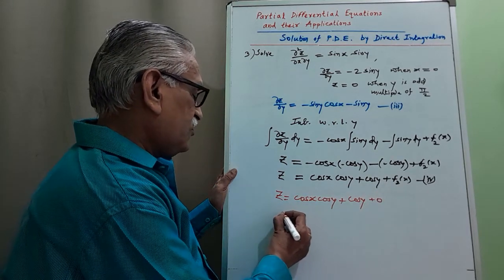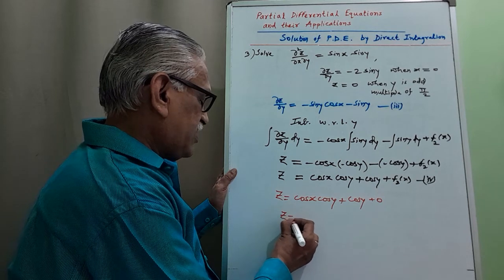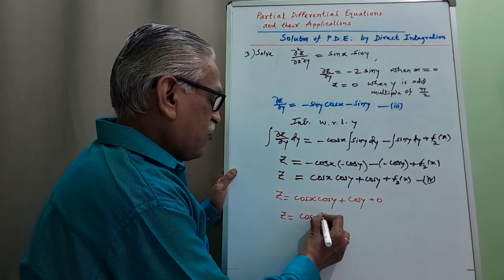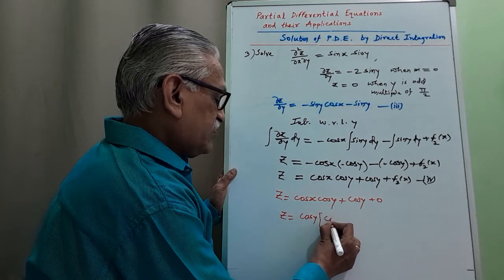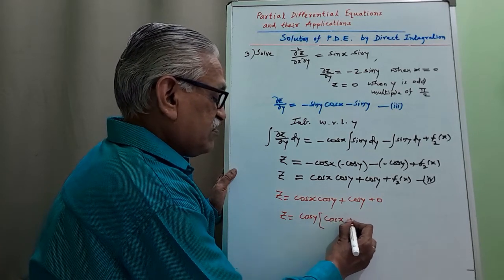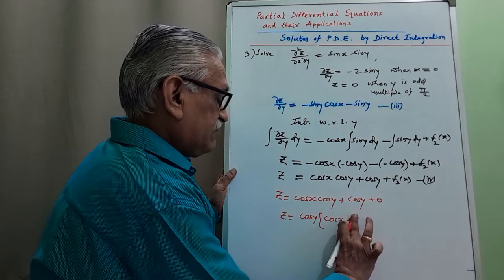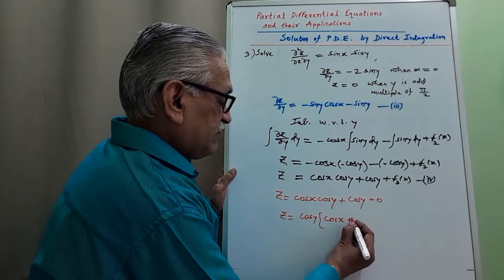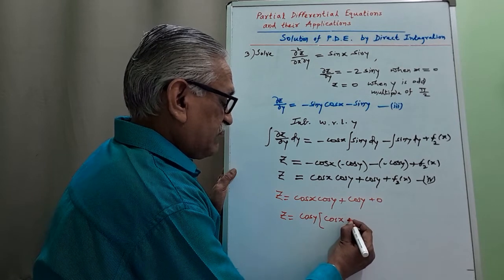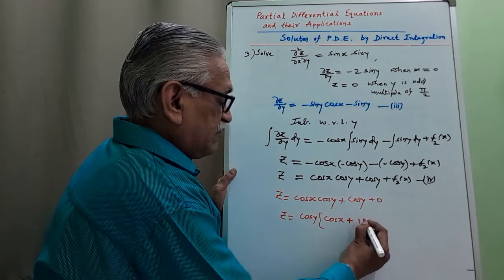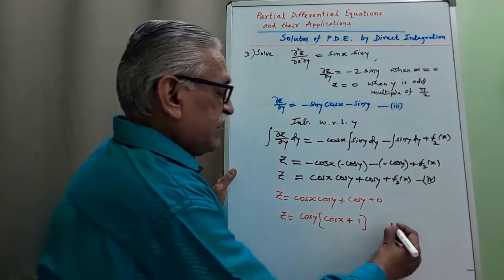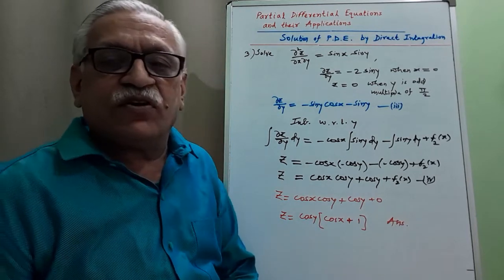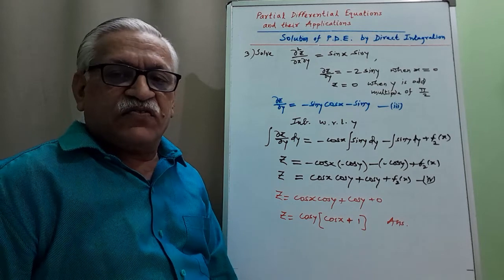And therefore we get the final solution, taking cos y common, as z is equal to cos y into (cos x plus 1), as the required answer for that partial differential equation.